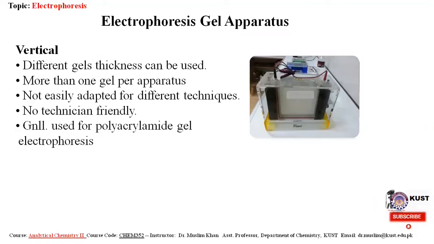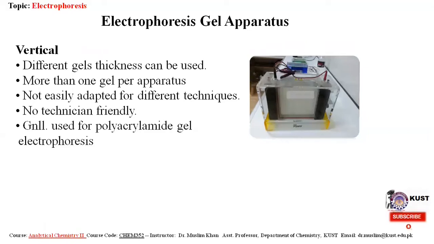This is the electrophoresis gel apparatus. The last one was horizontal, and this is the vertical one. Here, different gel thicknesses can be used, each with its own advantages, and more than one gel per apparatus can be used.